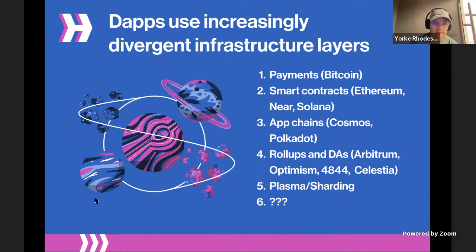Hopefully, most of you are probably familiar with that, so I don't need to get too in the weeds there. But beyond Ethereum, more recently people are experimenting even more at the infrastructure layer.